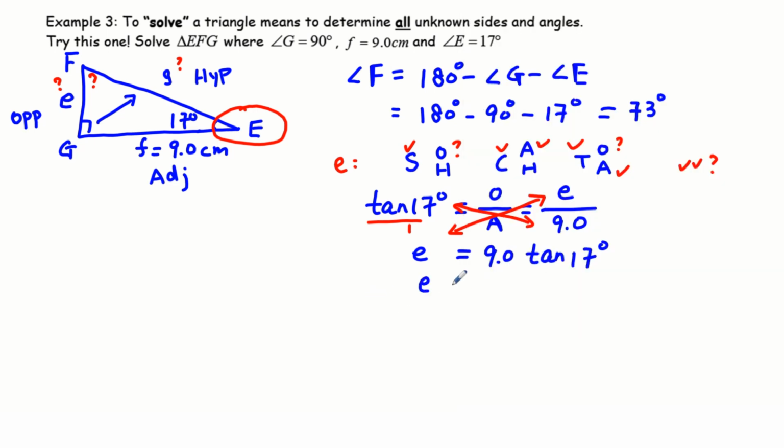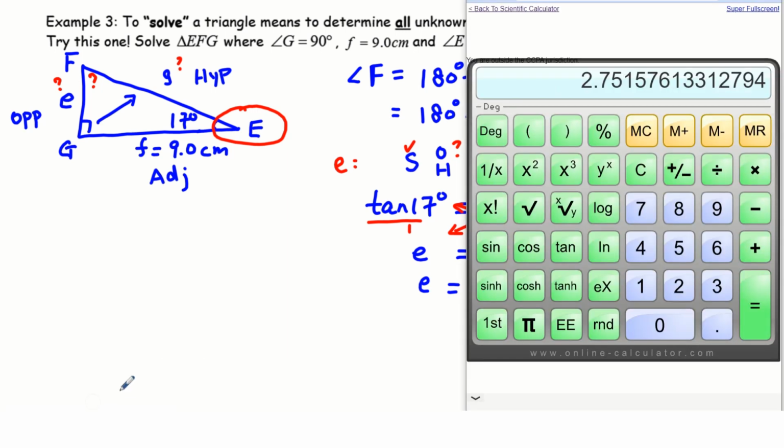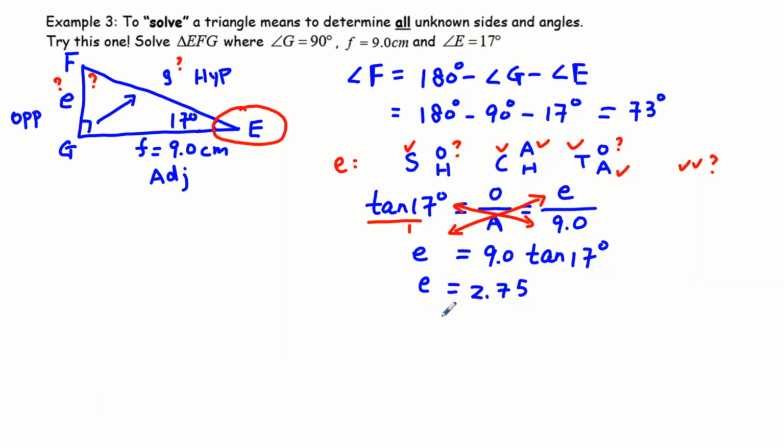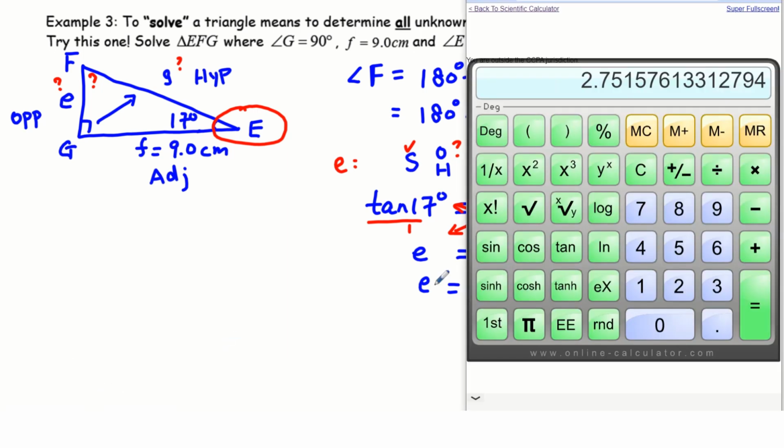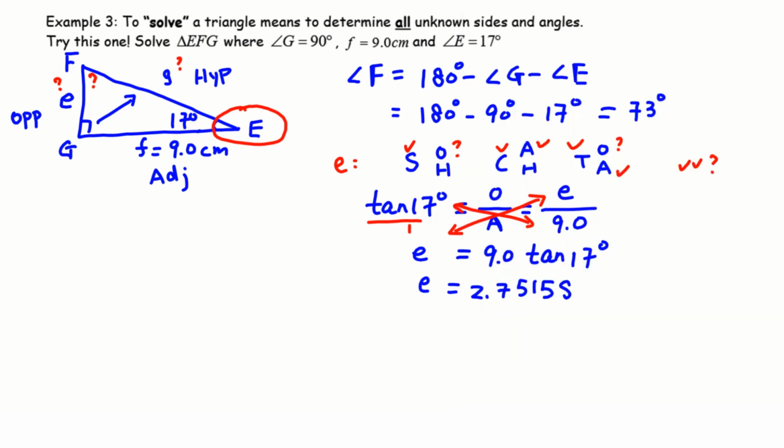So E equals 2.75. If it is your final answer, we want to keep two decimal places, but in the middle we need to keep more: 2.7515 and 76. So let me just stop here.